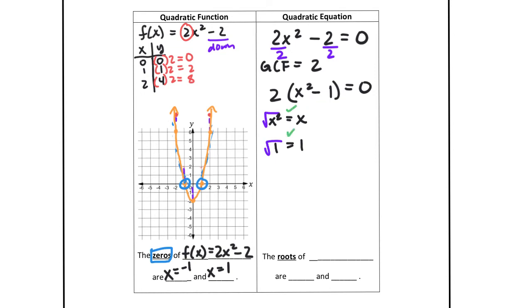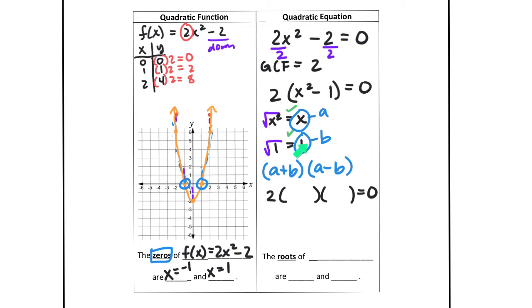Is there a subtraction? Yes. So then that means that if it's a difference of squares, and this is my A, this is my B, then my solution is A plus B times A minus B. So I'm going to bring down the 2, set up my 2 parentheses, set it equal to 0. And so my A is x and my B is 1. So x plus 1 and x minus 1.